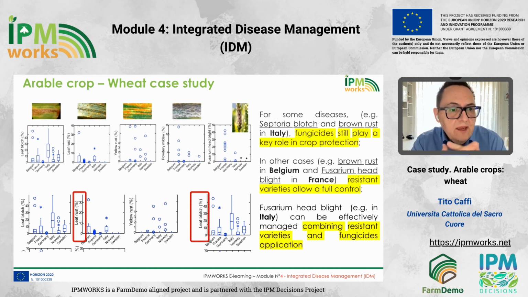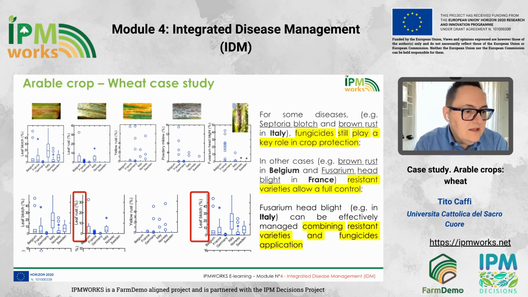So we can say that across Europe we have to manage wheat in a very different way, although of course the basic approach is always related to IPM. But for some diseases, for instance septoria leaf blotch and brown rust in Italy, we need to use fungicide because they still play a key role in crop protection.